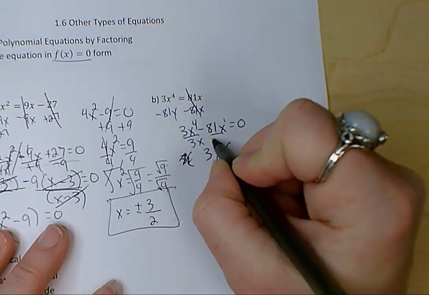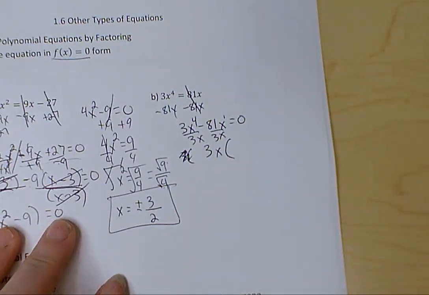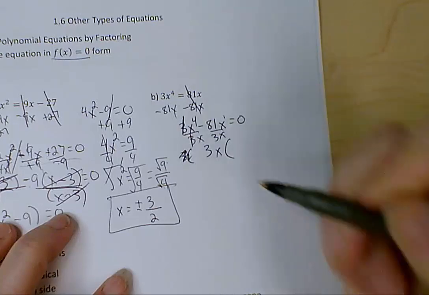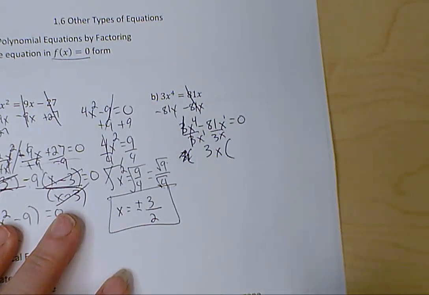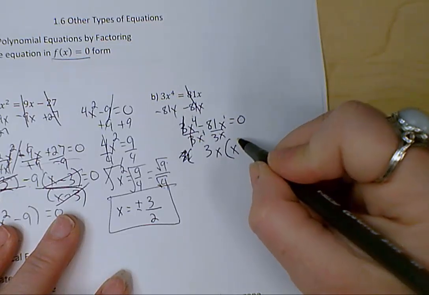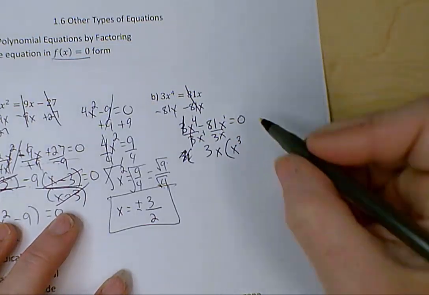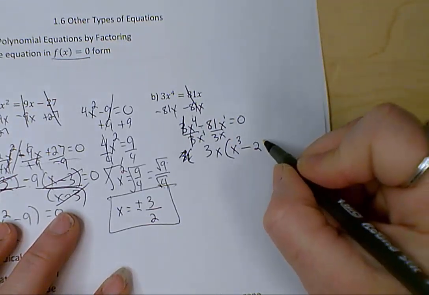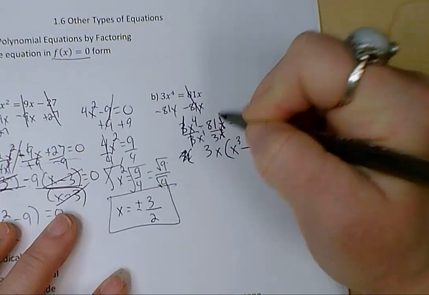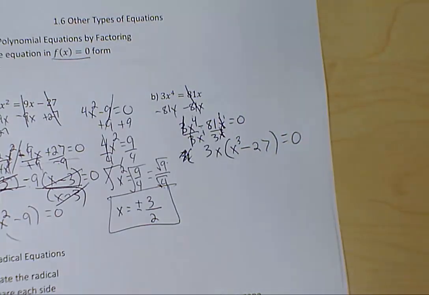If we factor out 3x, let's divide and see what we're left with. 3 cancels with 3. X to the 4th over x, subtract those exponents. 4 minus 1 leaves us with x cubed. Minus 81 over 3 is a 27, and x over x cancels.